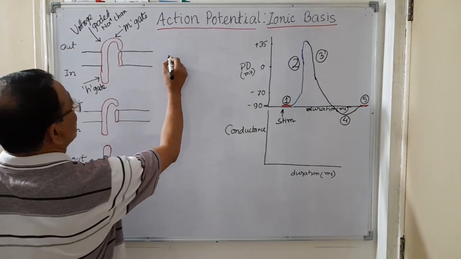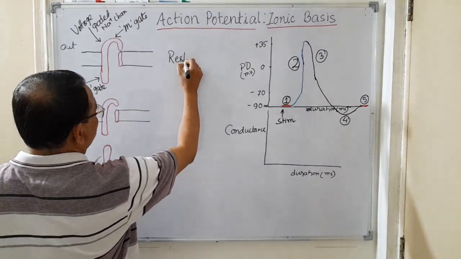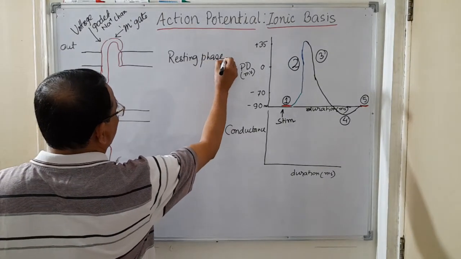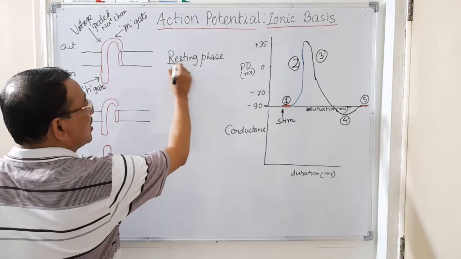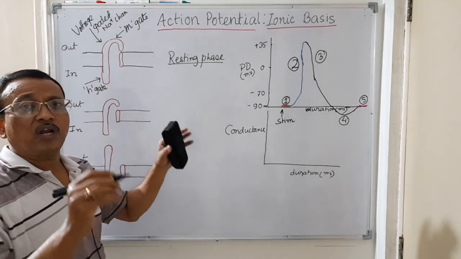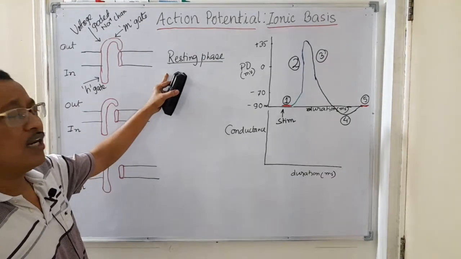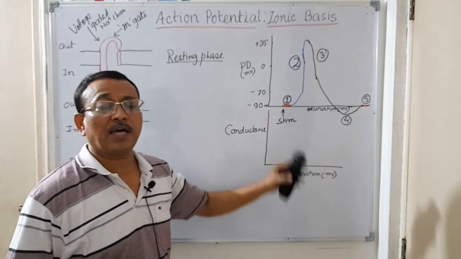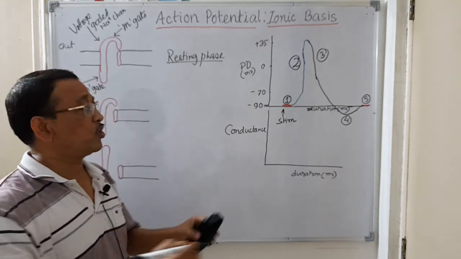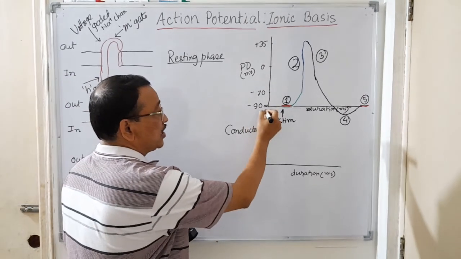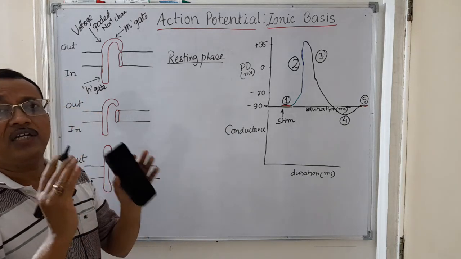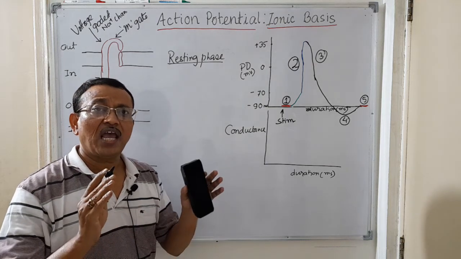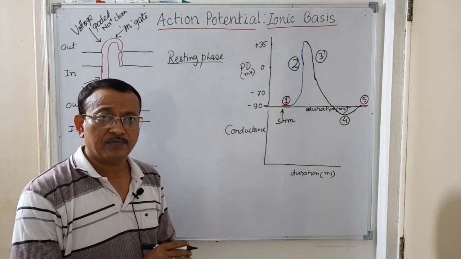So these are the conditions during the resting phase, when the cell membrane is in the resting state and no stimulus is applied. This is also applicable during the latent period after the stimulus is applied, in which the resting membrane potential of minus 90 millivolt is maintained because of the sodium diffusion potential, the potassium diffusion potential, and the sodium potassium pump.